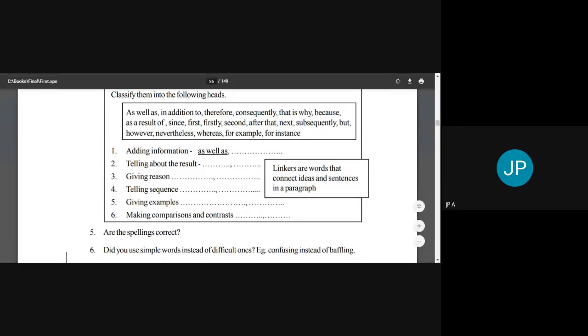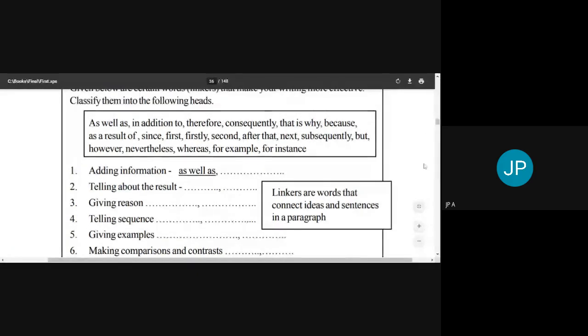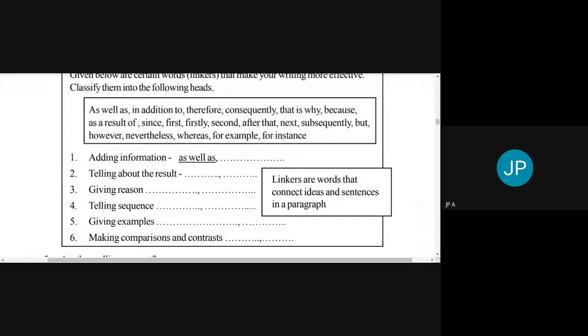What we have to do is classify them into the following heads. There are different purposes, listed as 1, 2, 3, 4, 5, 6. So there are 6 different aims.